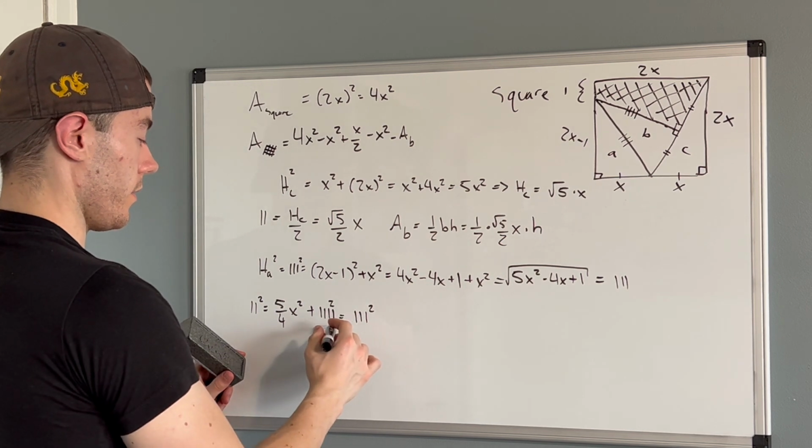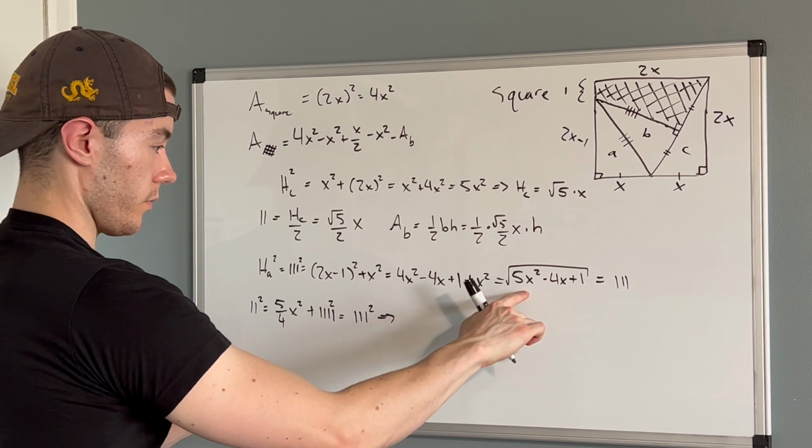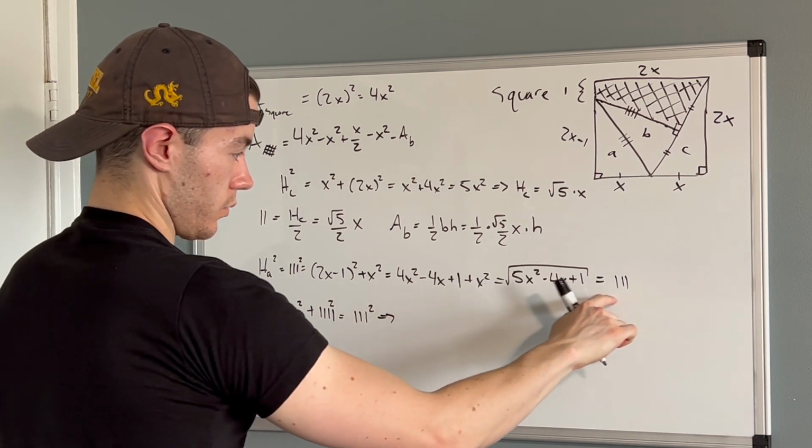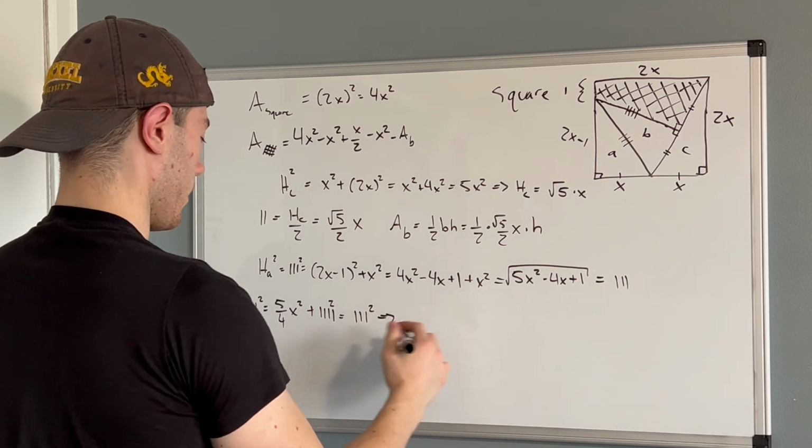But we have 3, we don't have 4, so let's rearrange it. We know what 3 squared is, because 3 is the square root of this, so 3 squared is 5x squared minus 4x plus 1.